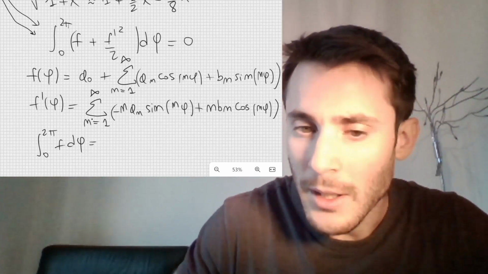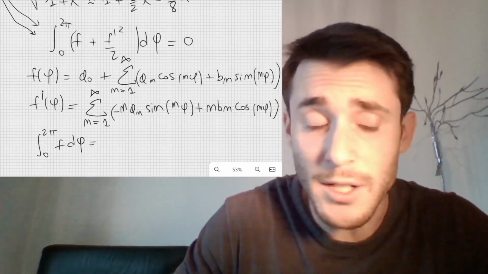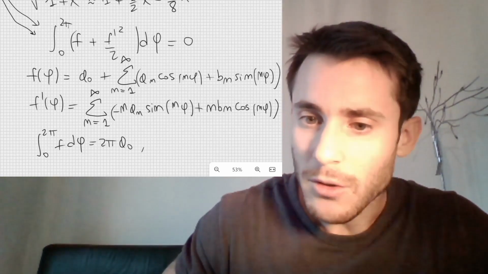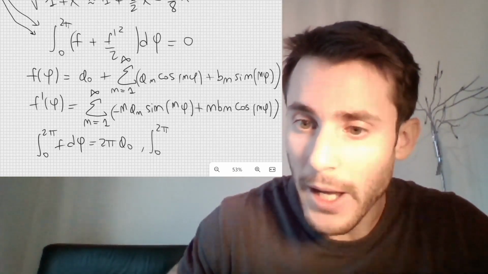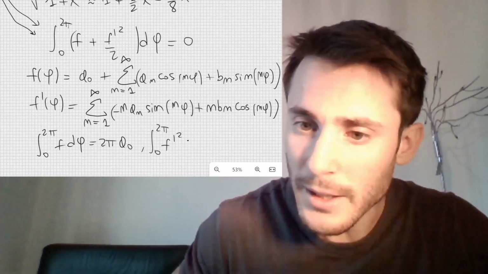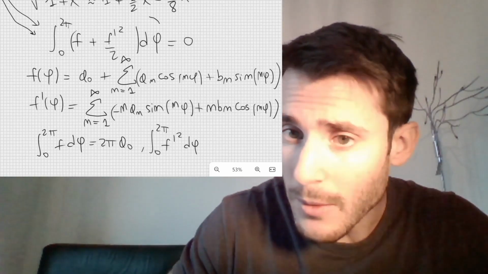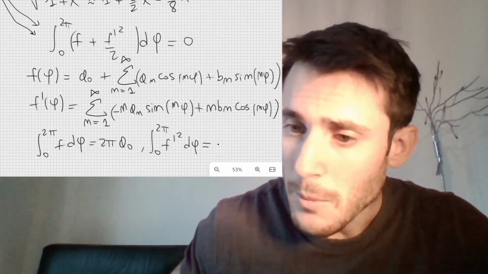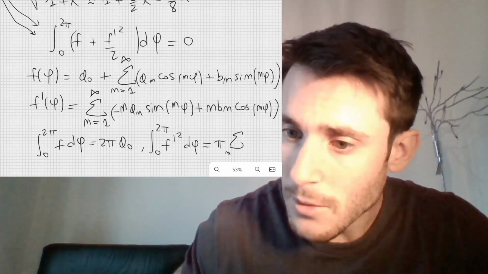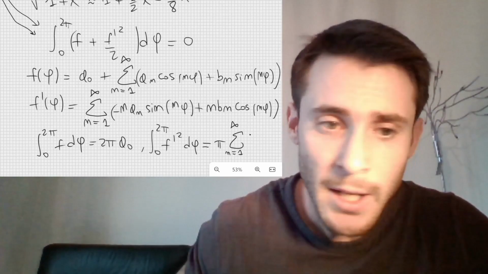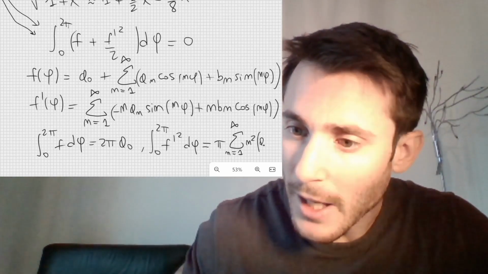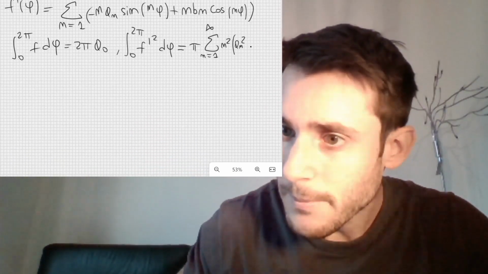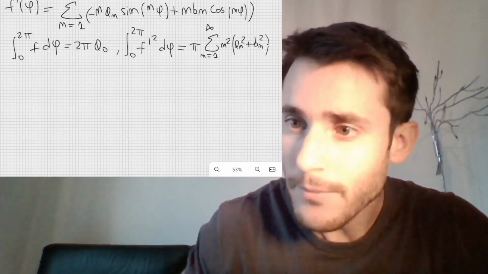And now we can calculate the integral from 0 to 2 pi of f d phi. It's quite easy to write it if we use the Fourier series expansion. This is 2 pi times a0, and also the integral from 0 to 2 pi of f prime squared d phi. We need it because we have the following integral to calculate. This is equal to pi times summation over n from 1 to infinity of n squared times an squared plus bn squared, like this.